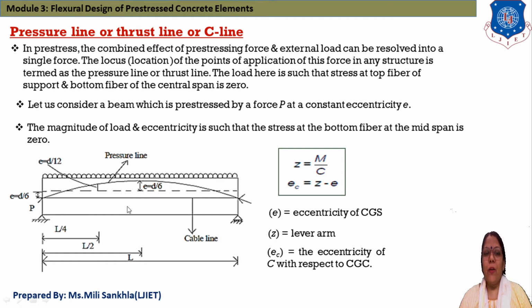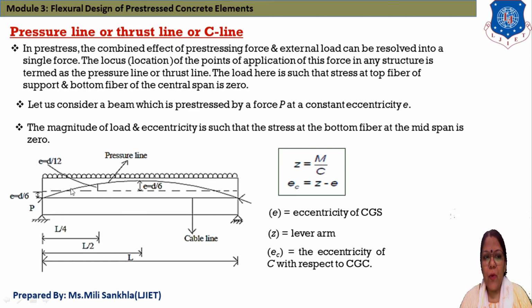Now next, look at this figure. This one is the horizontal member of the beam. Due to pre-stressing force the tendons are deflected in the upward direction. And this one is our neutral axis, and here the cable line is given.